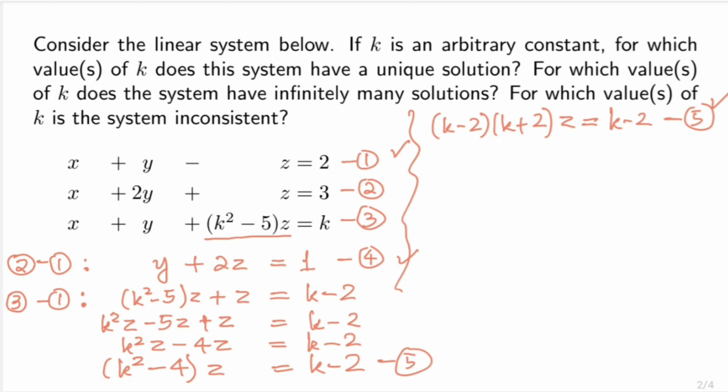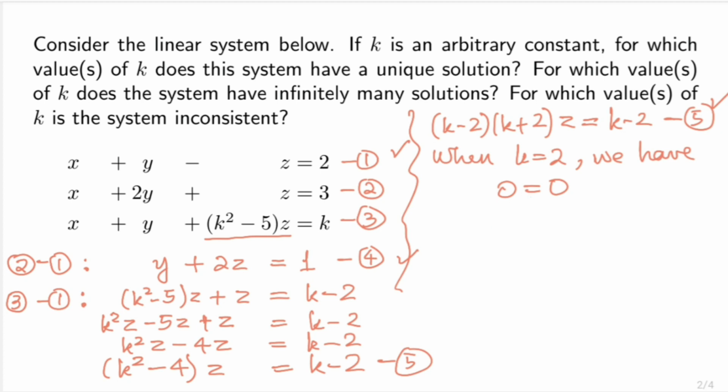So when k equals 2, what do we have? When k equals 2, then our right hand side here is going to be 0. And what's going to happen to our left hand side? It's also going to be 0. So when k equals 2, we have 0 equals 0. And when we have 0 equals 0, that means that z is free to take any arbitrary value.